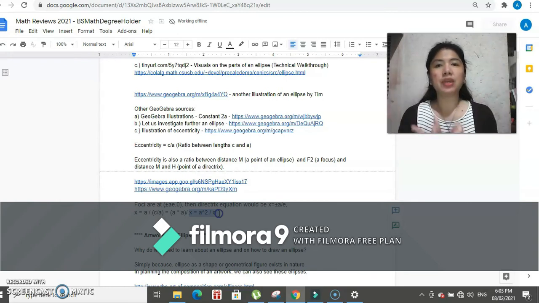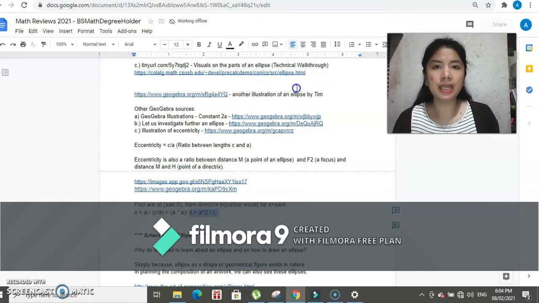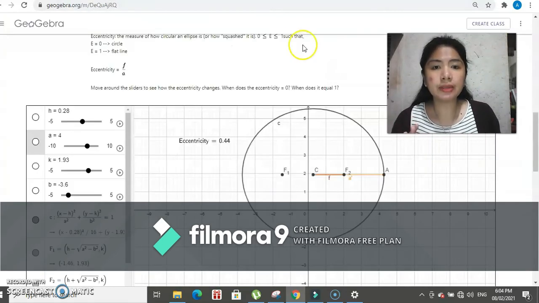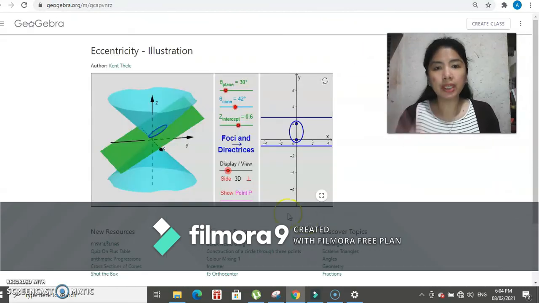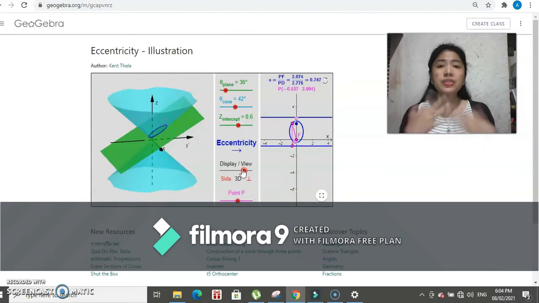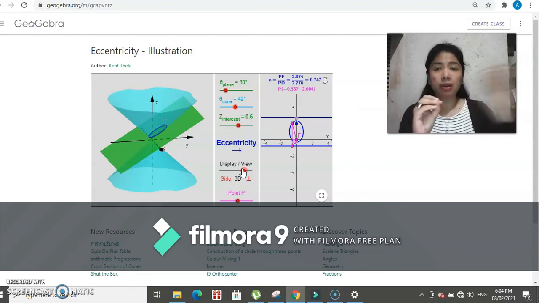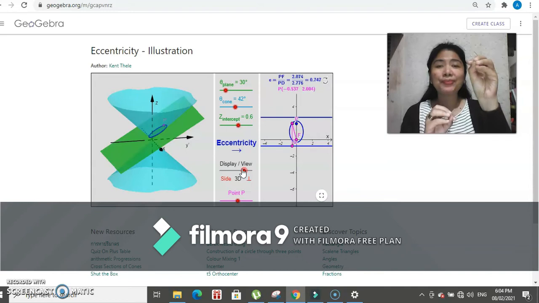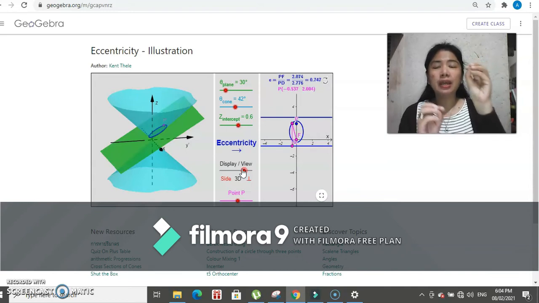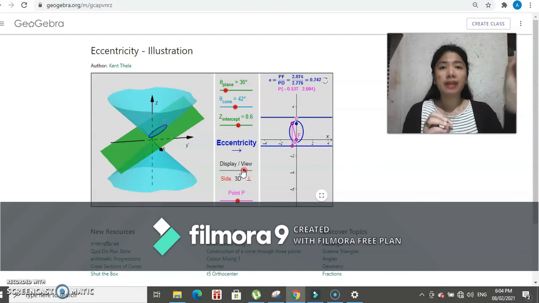It actually gives you information on how eccentric the ellipse is. So how do we measure eccentricity? Eccentricity is actually the ratio when you compare the distance of a point on the ellipse going to the focus to the distance of that point on the ellipse to the directrix.